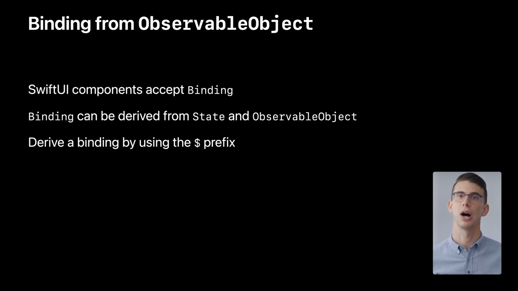Kurt has shown you how to derive a binding from state, and doing the same with ObservableObject is just as easy. You can get a binding from any property that is of value type on an ObservableObject just by adding the $ sign prefix in front of your variable and accessing the property.